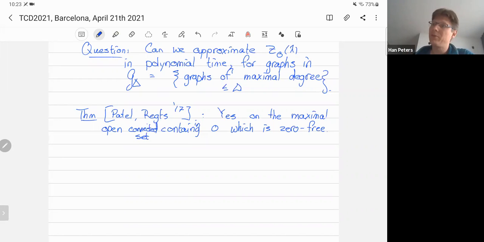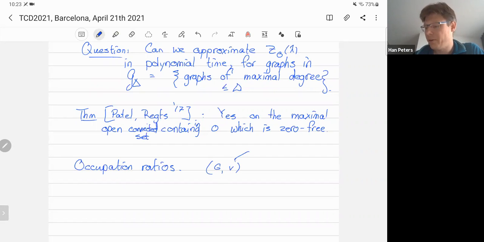Well, I'm going to now translate it to a family of rational functions, and these are called the occupation ratios. So now I'm going to take on my graph a marked vertex.